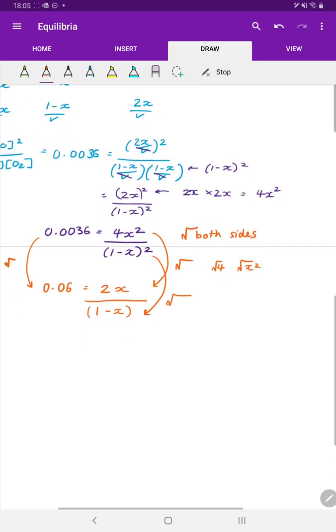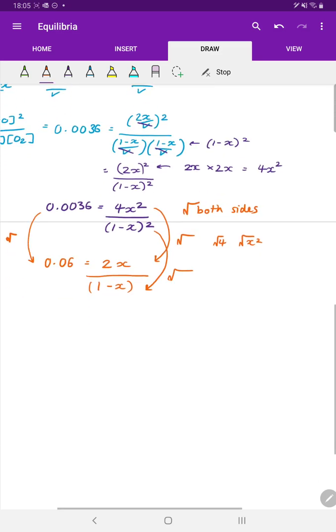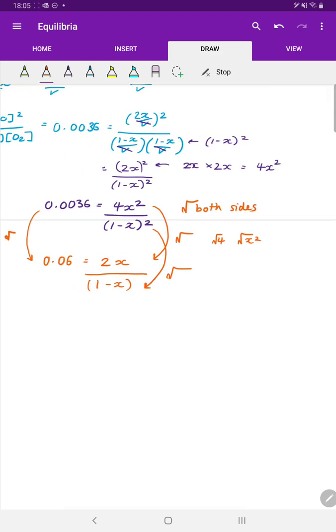Right, then I can start to rearrange. It's like your basic algebraic equation. You want to get your x's on one side and your numbers on the other. So first thing I'm going to do, I'm going to multiply that up to the other side. So I get 0.06 times (1 minus x) equals 2x. Multiply out my brackets. Then I want to get my x term onto this side by adding it.